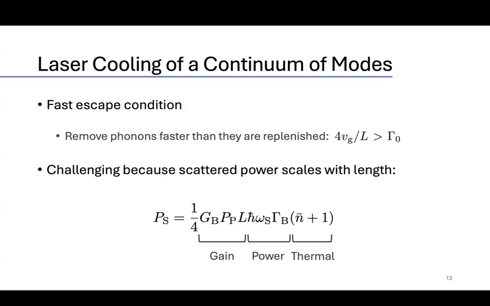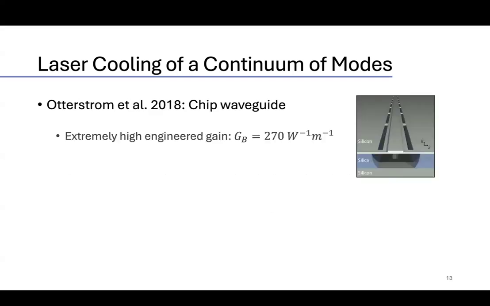This is the Brillouin gain. This is the material property that describes how responsive a material is to optical stimulation. P sub P is the pump power, the injected pump power, and L is the length. This is a spontaneous scattering process. So the last term there indicates the thermal phonon occupation.